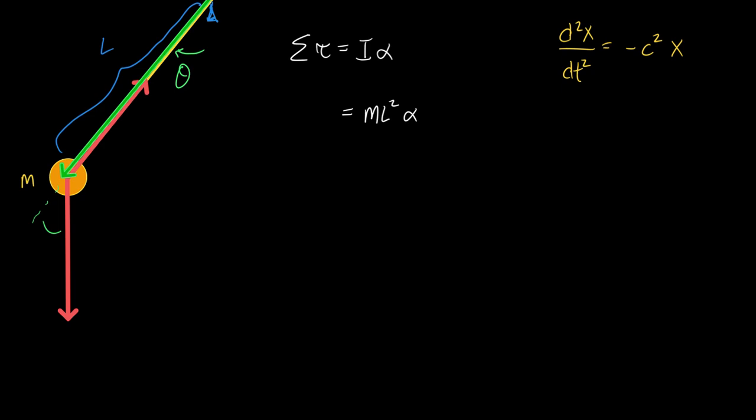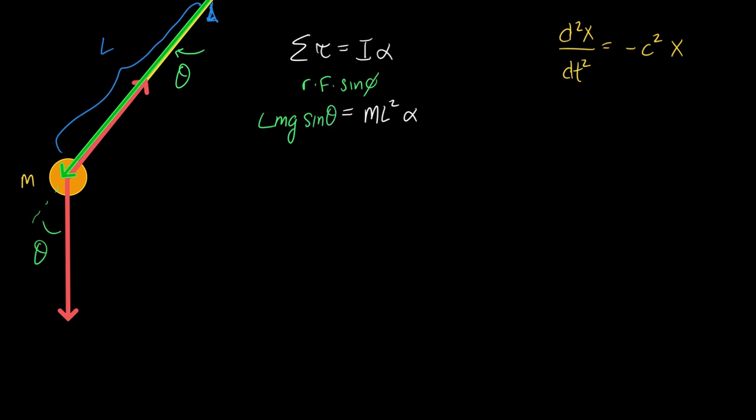All sound good? Let's write out what the torque is. Torques are a torque arm times a force times the sine of an angle. And I'm pretty sure this angle is also theta, just based on all corresponding angles. So my torque arm length, L, my force, mg, my angle, sine theta.